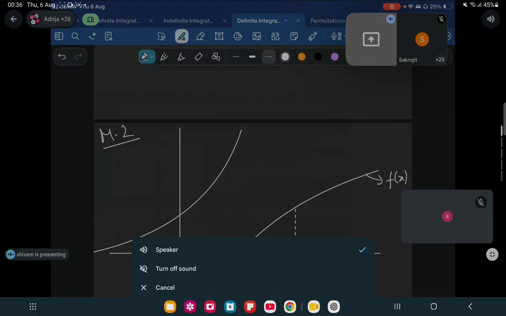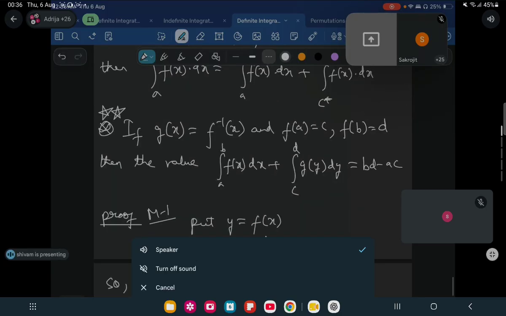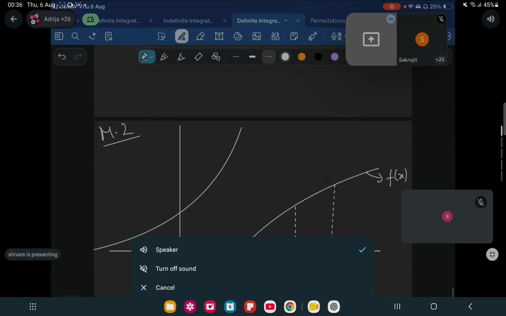Right, everyone? Let me see from where to where I have to integrate. I have to integrate f of x from a to b. So what are the coordinates of this point? The coordinates of this point is a comma c, and the coordinates of this point is b comma d.